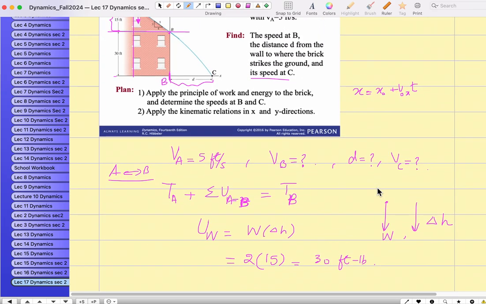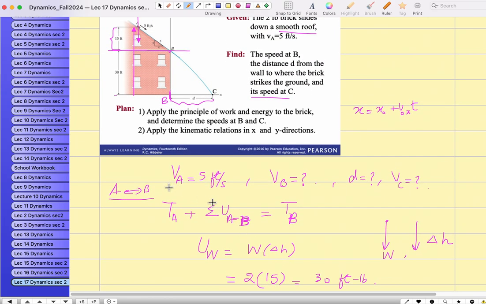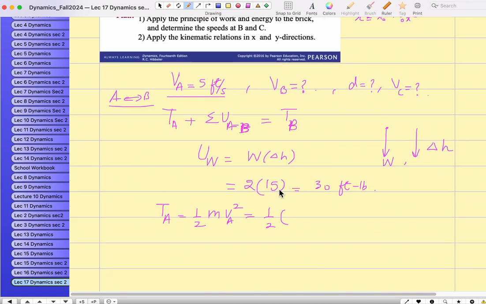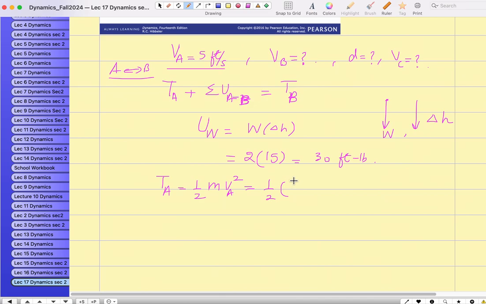Let's see T_A. If you are given the initial speed, can you find the kinetic energy at location A? m is different than 2, because 2 pound is the weight, so m equals W over g, 2 over 32.2, since g in the FPS system is 32.2.